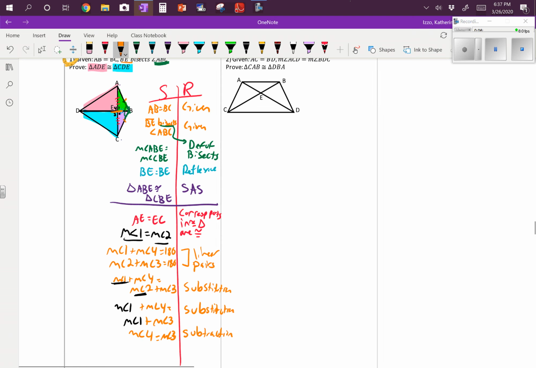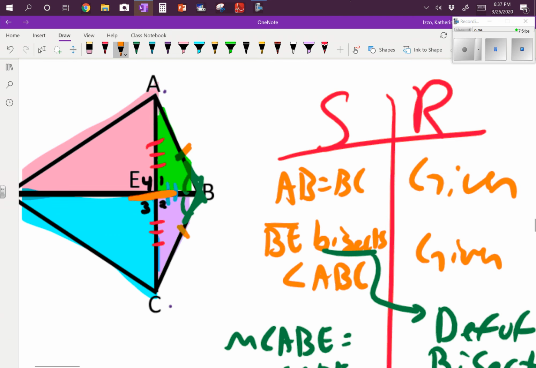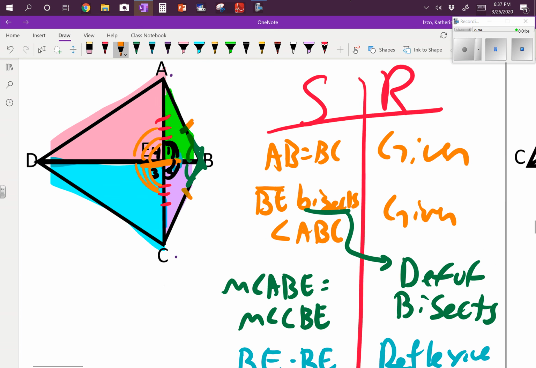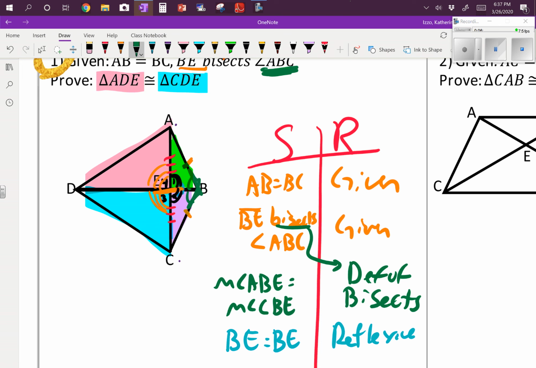At that point, we got this one and this one. That gave us 1, 2, 3, and 1, 2, 3. And then we've got a beautiful reflexive side right there.